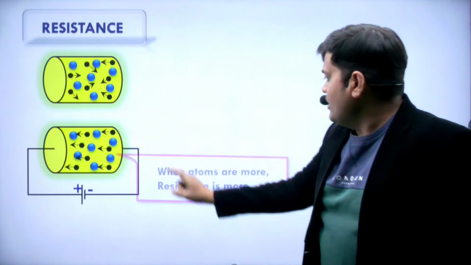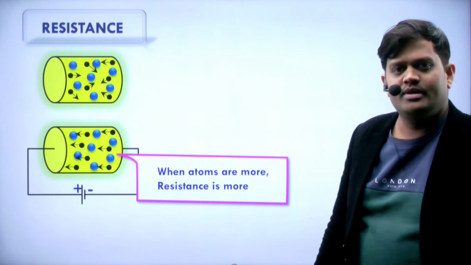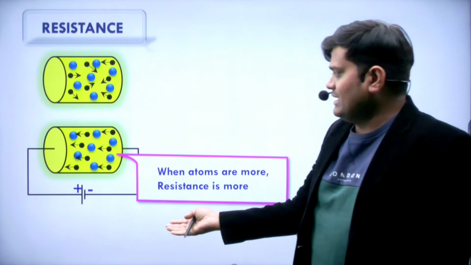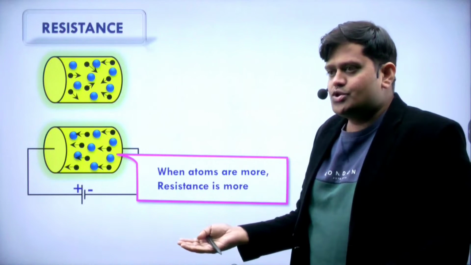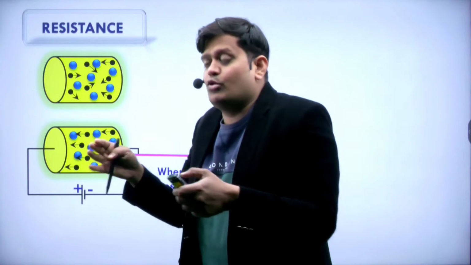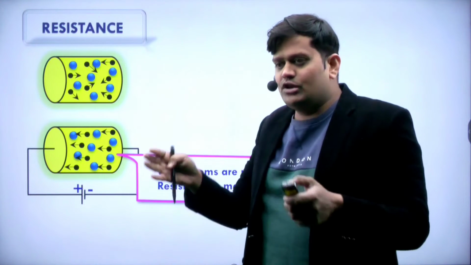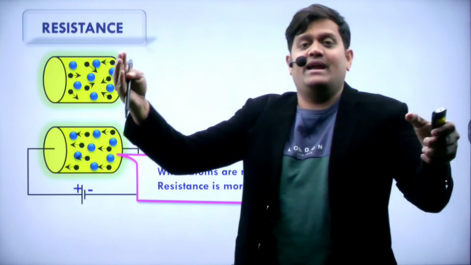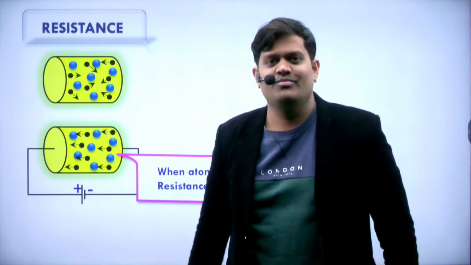When the atoms are more, the resistance is more. If the atoms are more, the electrons are more. If the electrons are more, they have a lot of collisions, and if they have a lot of collisions, they have high resistance. If the resistance is high, then the current is low.